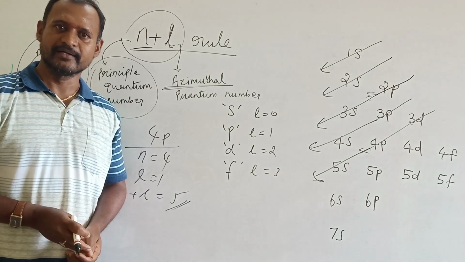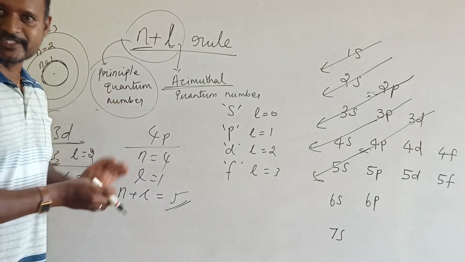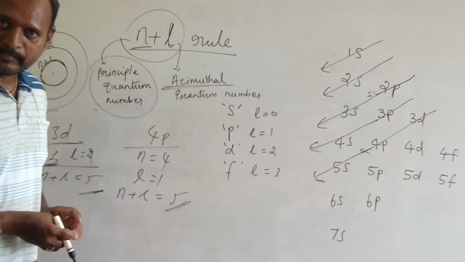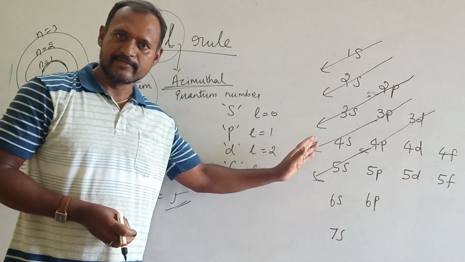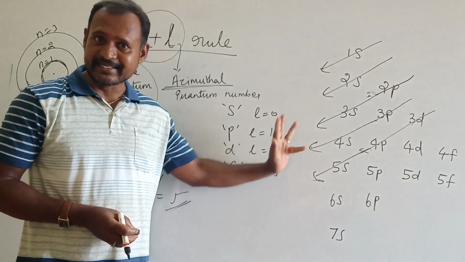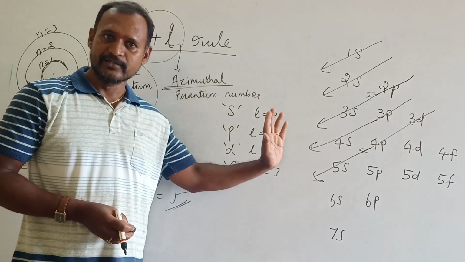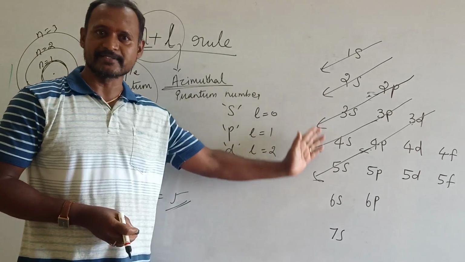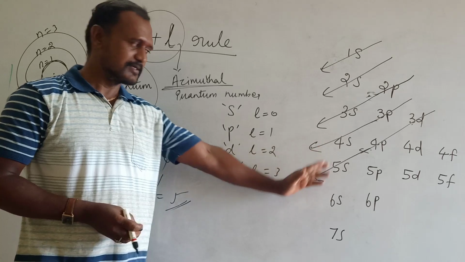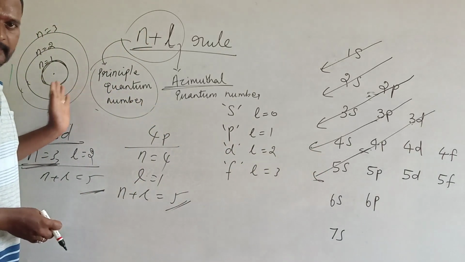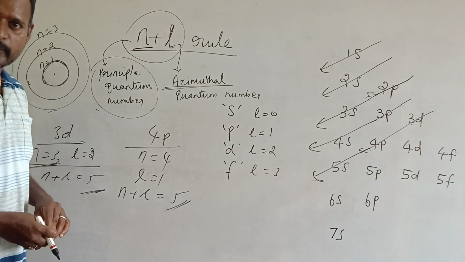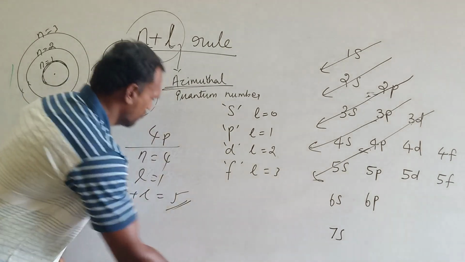That's all. Okay. So this is for the Aufbau principle. According to the Aufbau principle, orbitals are filled with electrons in the increasing order of energy. So the energy of orbitals is found by this n plus l rule. Very clear?